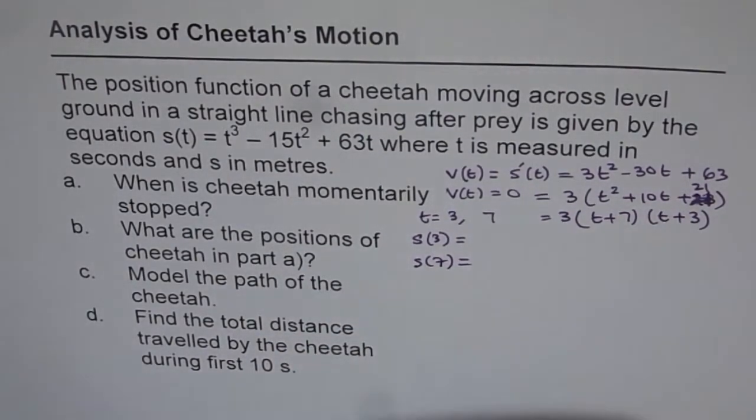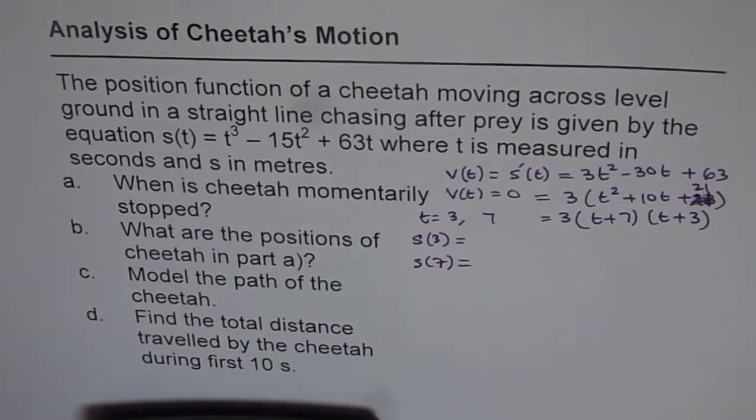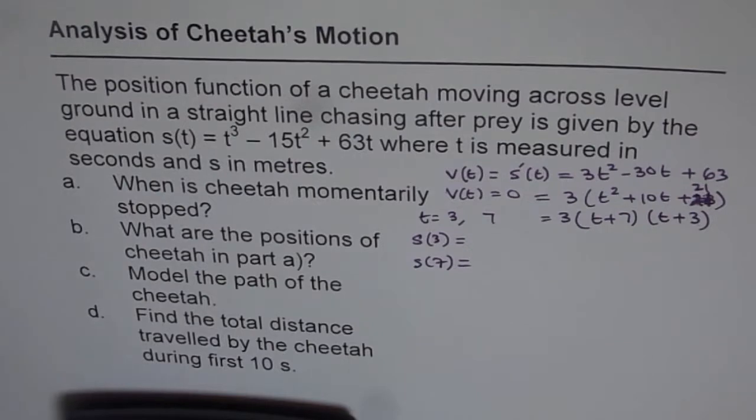So s of 3 will be, let's use the calculator. We get 3 cubed, which is 27, minus 15t squared, which is 3 squared.